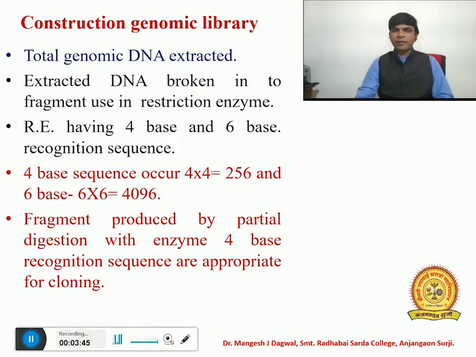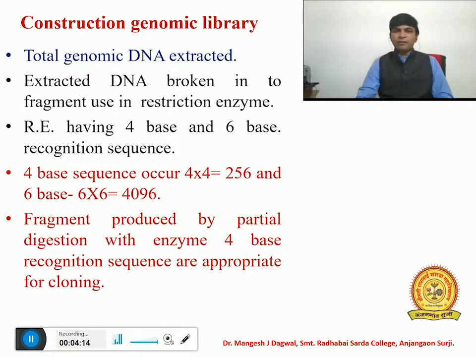This extracted DNA is then broken into a number of fragments, formed by using the restriction endonuclease enzyme. This enzyme has a 4 base or 6 base recognition sequence, which plays a very important role in the construction of the genomic library.